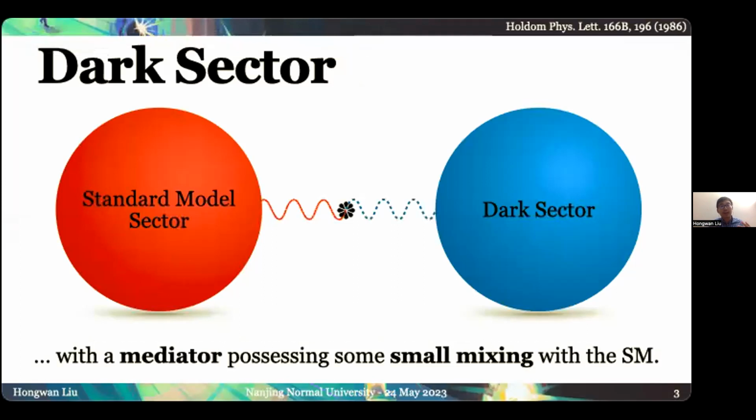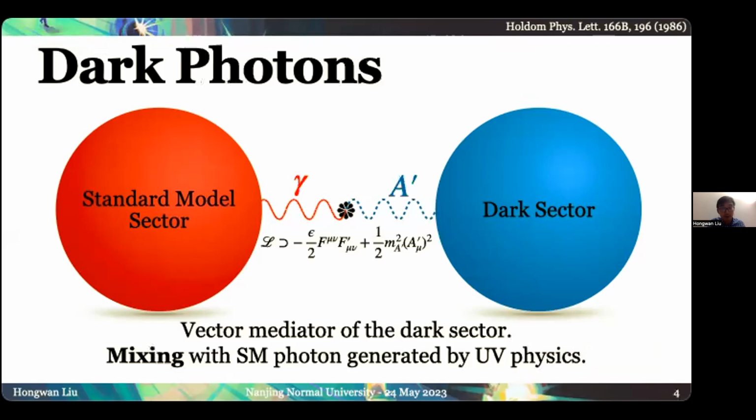But the two sectors could actually interact weakly through some kind of mediator, which possesses some kind of small mixing with a particle in the standard model. And so one particularly important realization of this is called the dark photon, where we introduce this mixing term between the standard model photon and the dark photon, given by this F F prime term, with a small mixing parameter called epsilon.